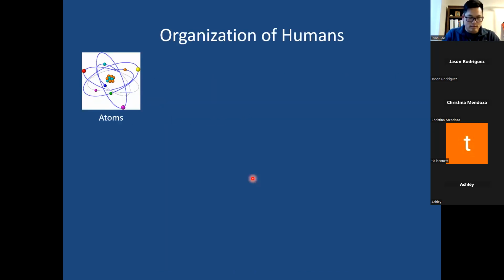Now, to get started with some specific stuff, we have to introduce a few things regarding anatomy. The first thing that we're going to talk about is the organization of anatomy, as in a hierarchy of organization. When I say the word hierarchy, that just means that it goes in order, specifically from small to large.